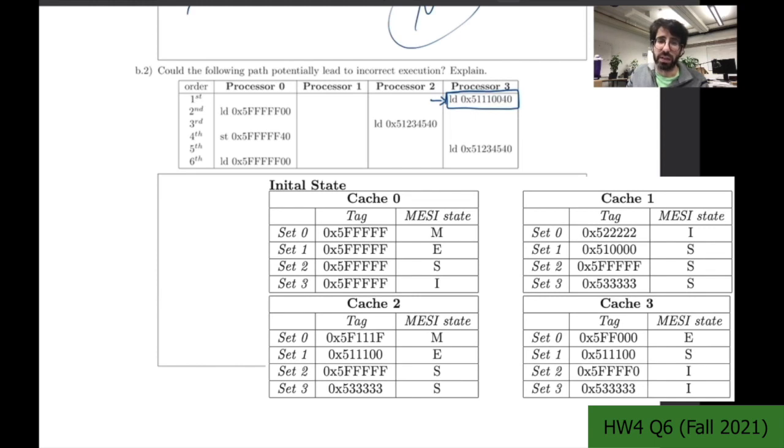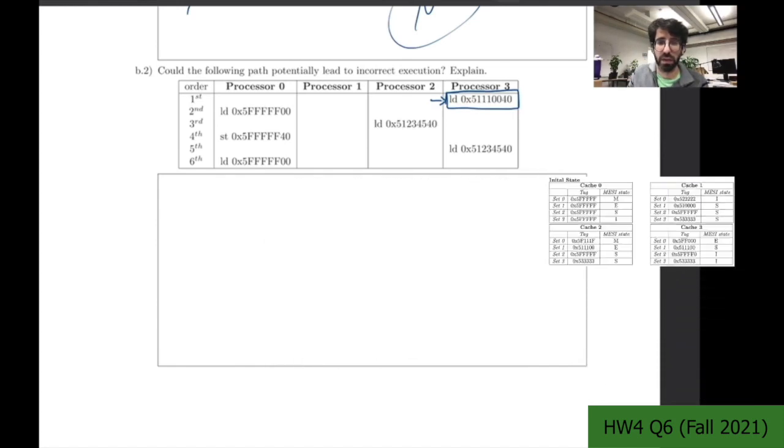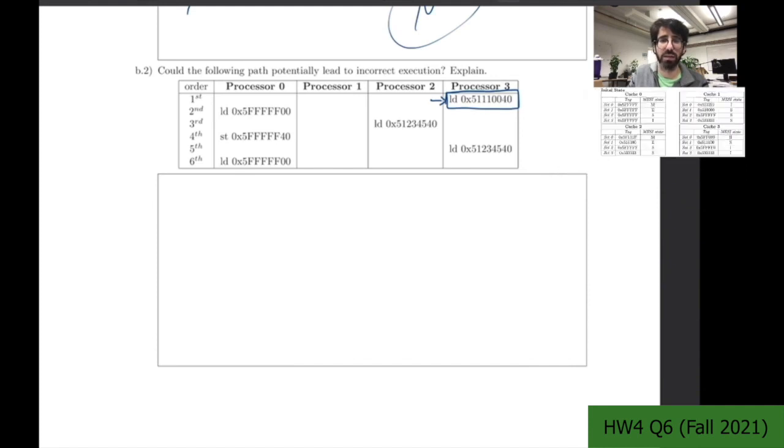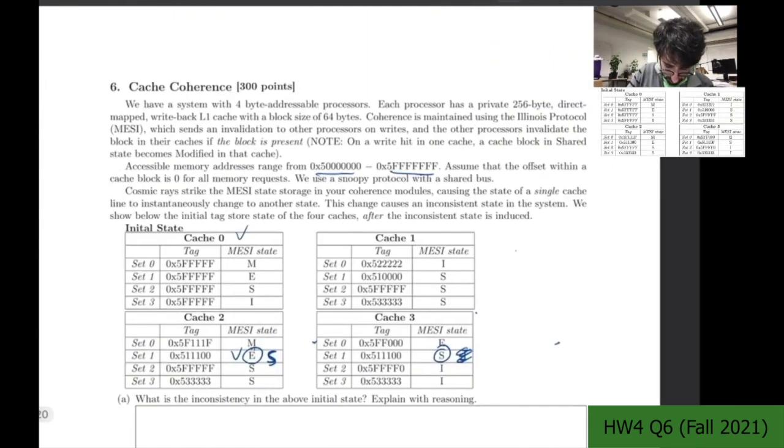It is in set 1, and the tag is basically this instruction at the beginning. So basically we are loading. Maybe it's easy to see here. So basically you are loading this address.